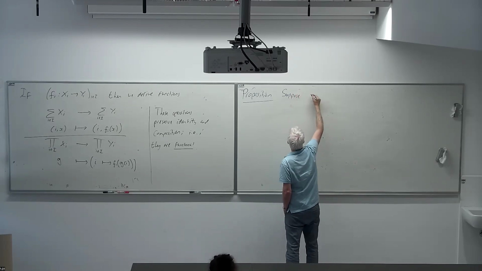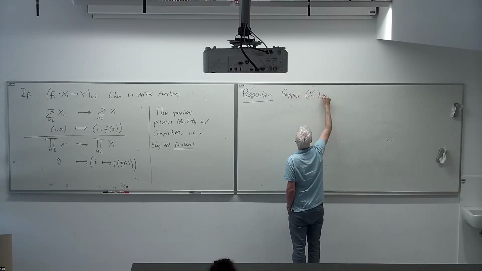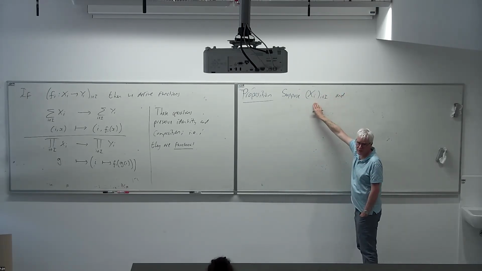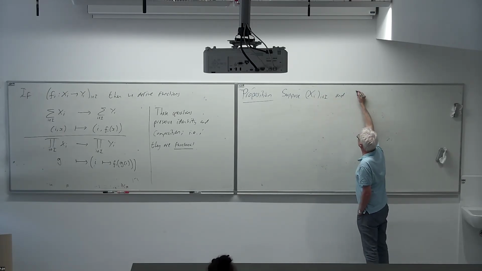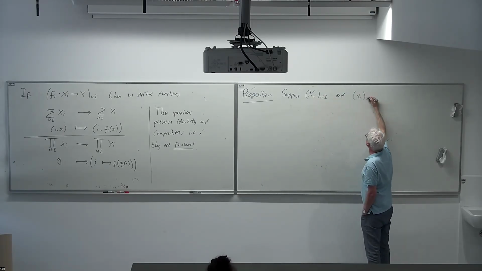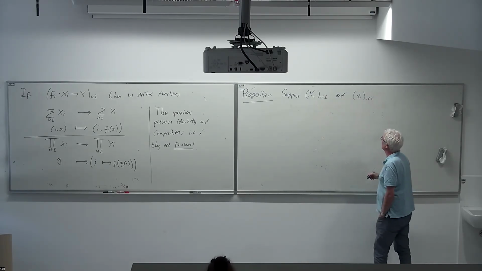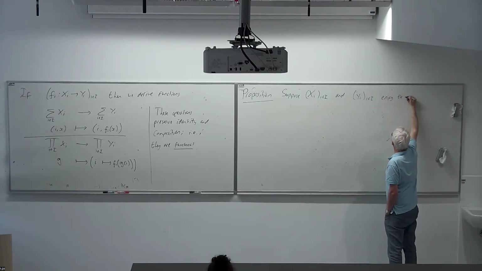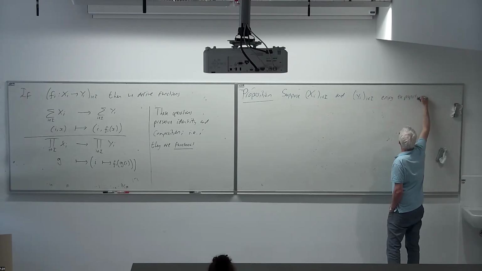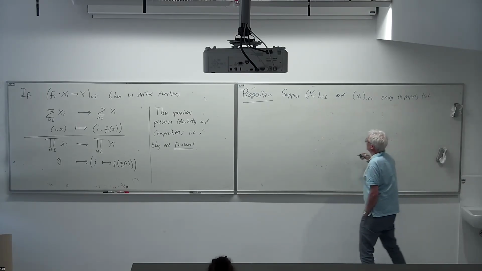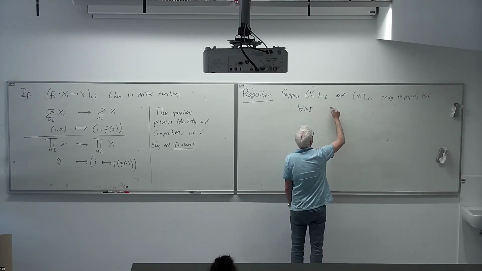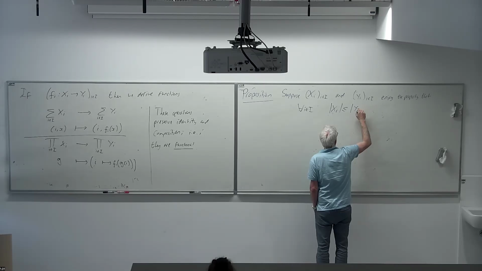Suppose there's an I-indexed family of sets called X, and another I-indexed family of sets called Y, enjoying the property that for all index elements i, the cardinality of X_i is less than or equal to the cardinality of Y_i.